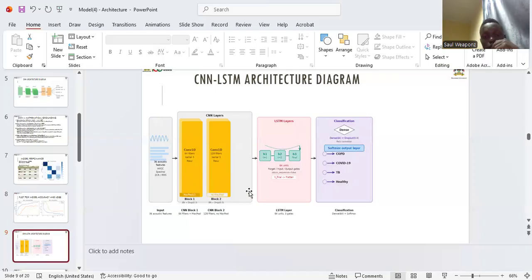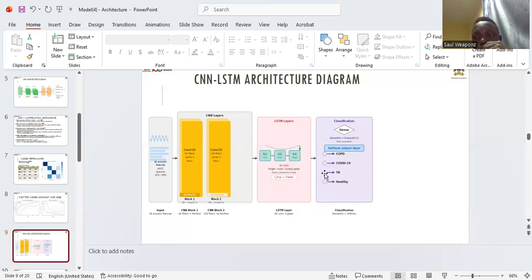From there we go to the LSTM layers. At the LSTM layers, we output position by position, maintaining a hidden state across the three gates. At the LSTM layer, we introduce what we call the gates: the forget gate, the input gate and the output gate.